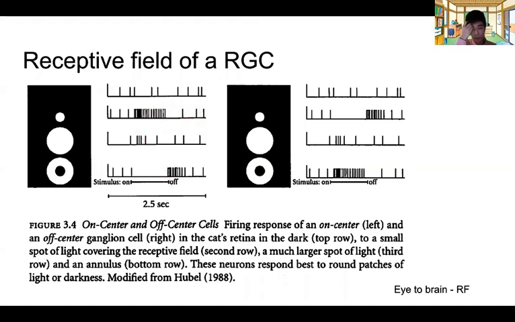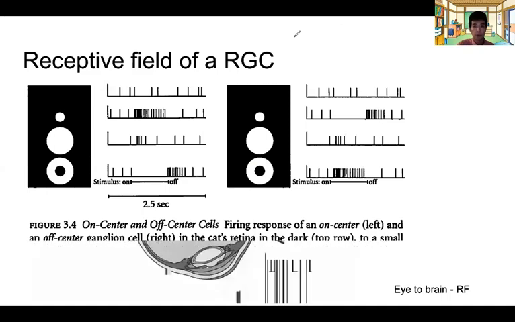And what you're learning right now is this very important concept of the receptive field. In particular, in the case of the retinal ganglion cells, the receptive field is important. Each line corresponds to the response over 2.5 seconds of visual stimulation.